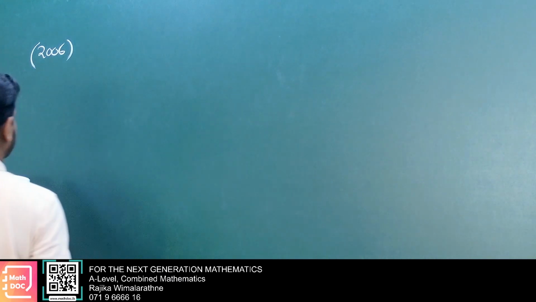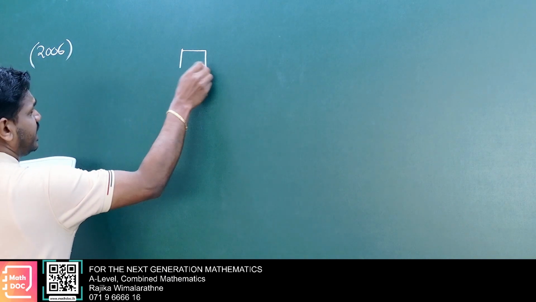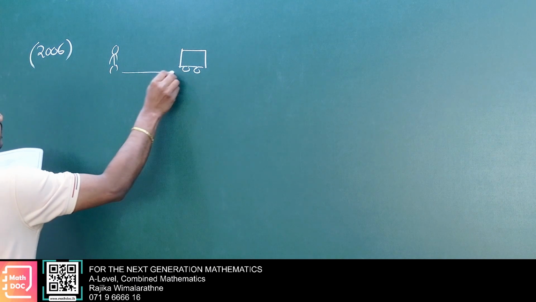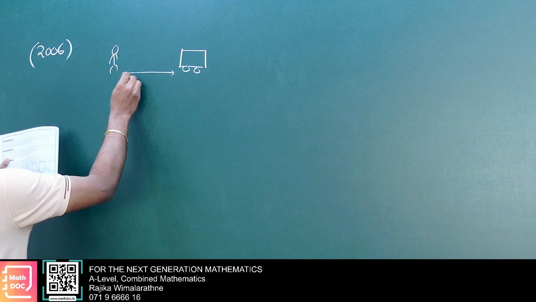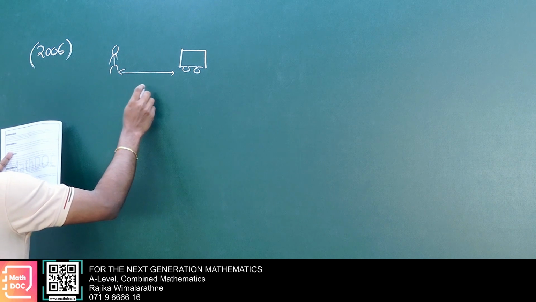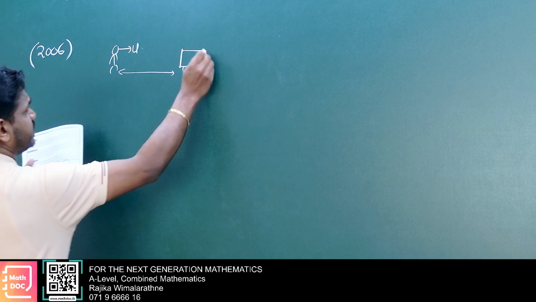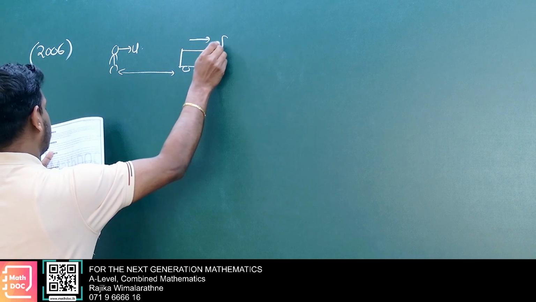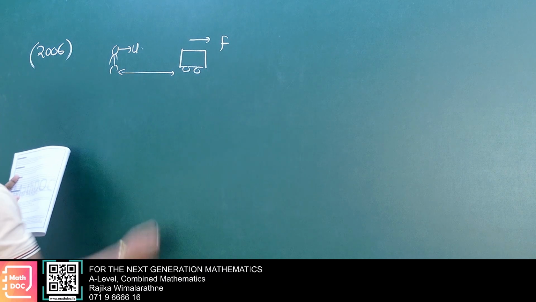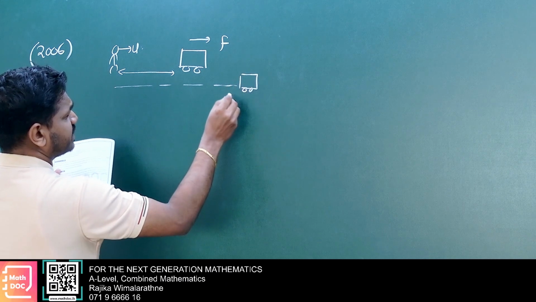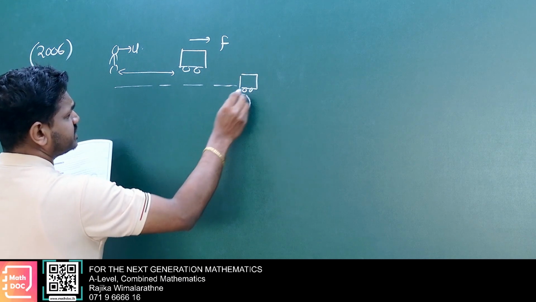So here the bus is ahead of him. He runs with uniform velocity u, the bus has acceleration f. Then the man is going to catch the bus in T seconds.